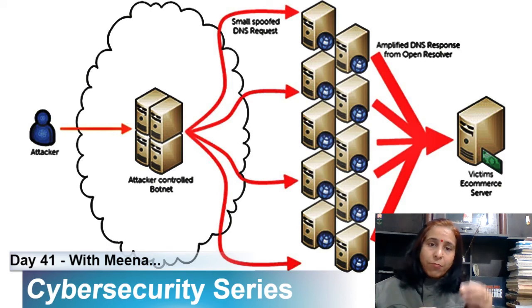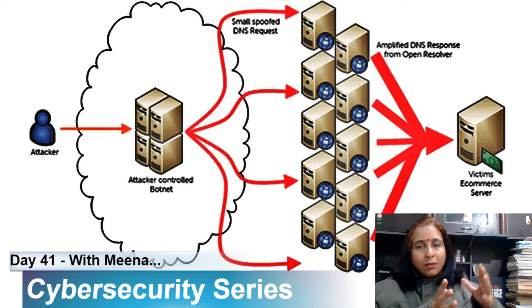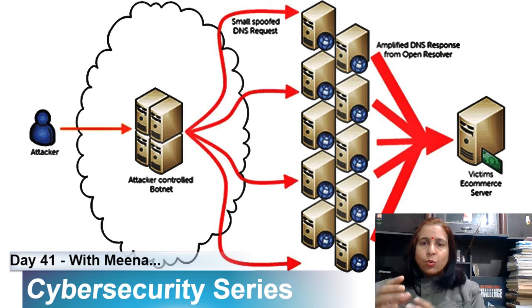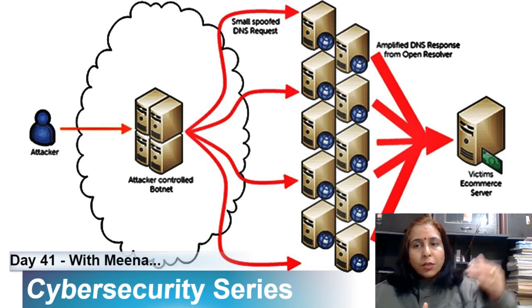If DNS queries are sent from those devices to a DNS server, but the source IP address is the target machine, then when the DNS server sends the reply, it will go to that particular target machine.